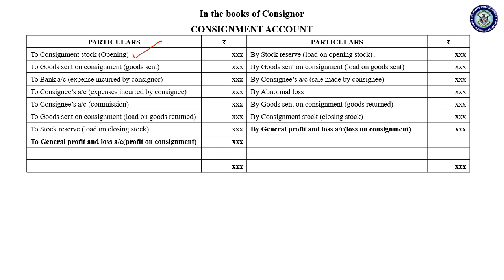Next, you have to write by stock reserve. Now, what is stock reserve? Here it is loading. What is loading? Loading is nothing but the profit. For example, the cost of one unit of goods is 2000.